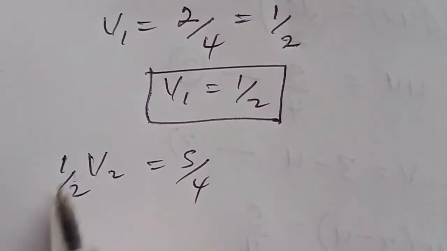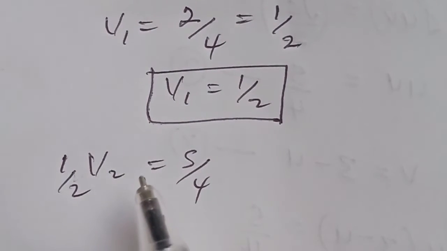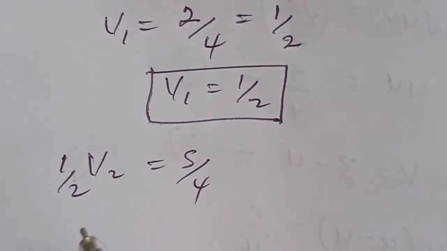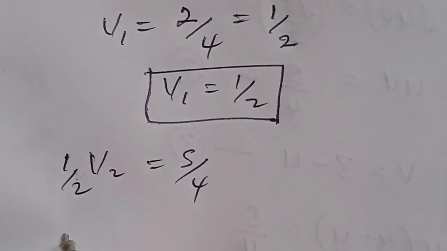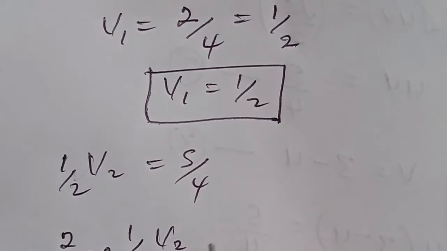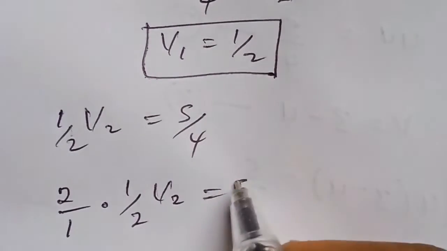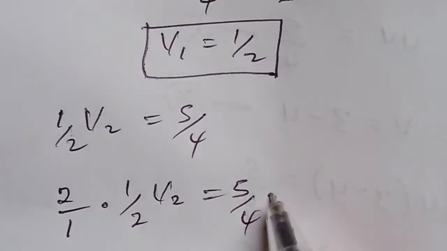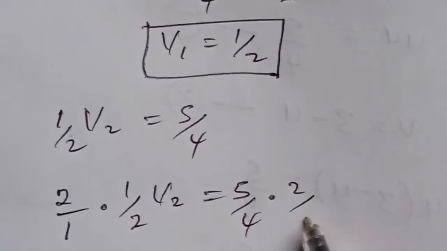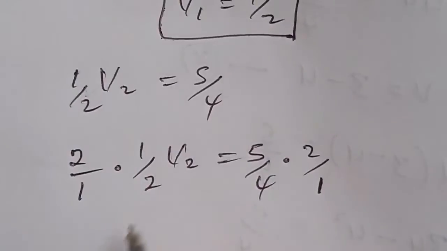So multiplying the left hand side with the reciprocal of 1 over 2, which is 2 over 1, multiplied by 1 over 2, multiplied by v2 equal to 5 over 4, multiplied by 2 over 1.